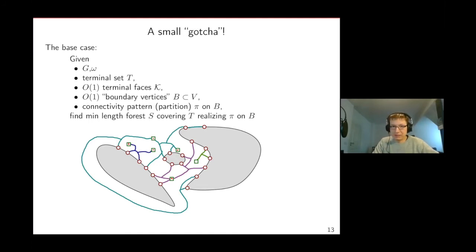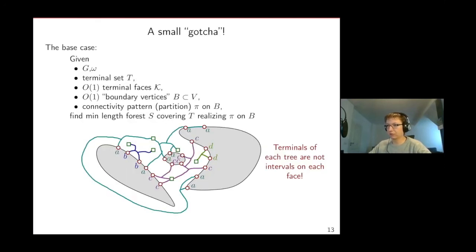But the problem is that it doesn't work, because the important thing about that algorithm was that the descendants of any vertex were consecutive on each terminal face. And this is not true anymore. So if you look at this example, I can label all the terminal vertices by the tree that they belong to.